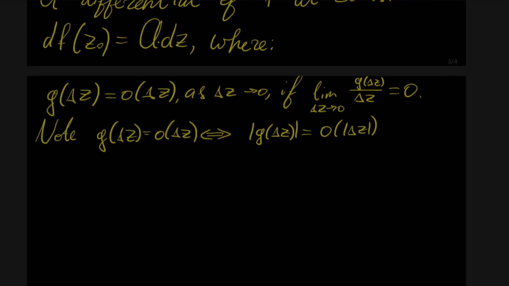This can be easily proven using limits. Now we have another statement: differentiability at a point is equivalent to the existence of the derivative.